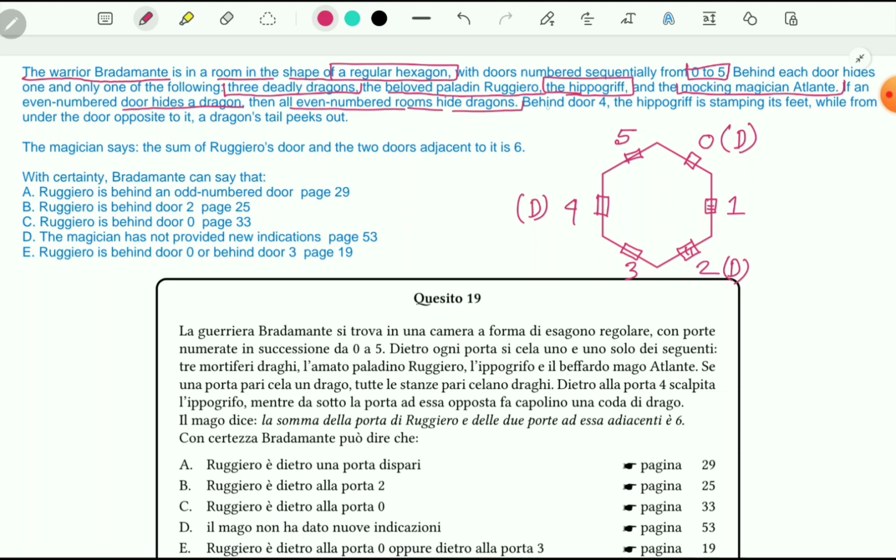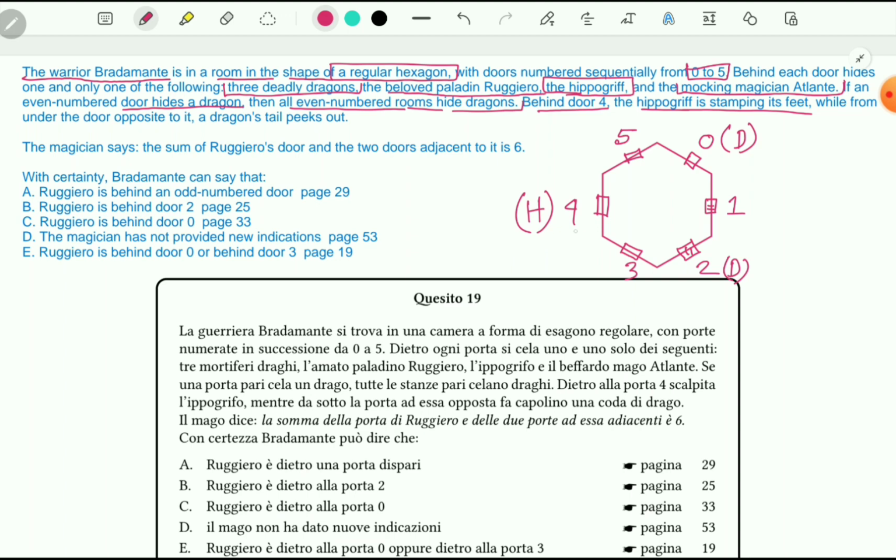Okay, let's move on. Behind door 4, the hippogriff is stamping its feet. So hippogriff is actually behind door 4, so we can write it like this, hippogriff.